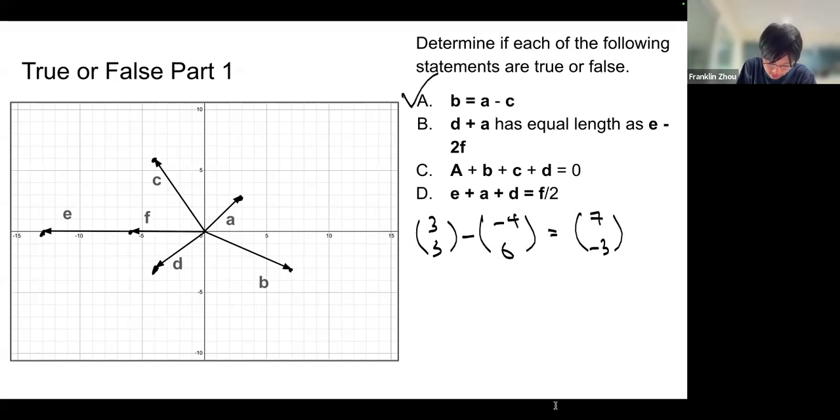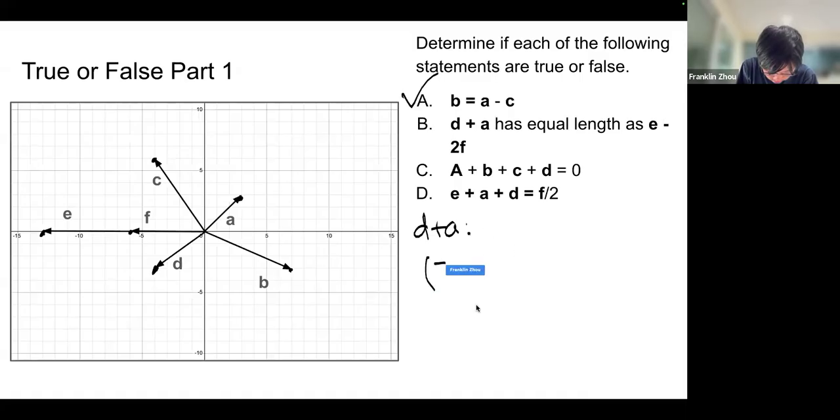The second one we'll look at d plus a and e minus 2f. And this one is minus 1, 0.